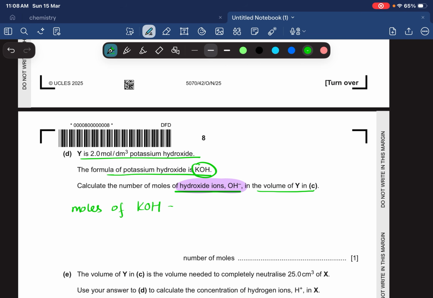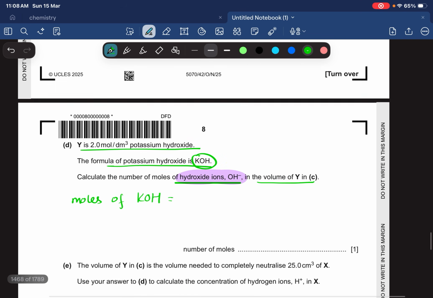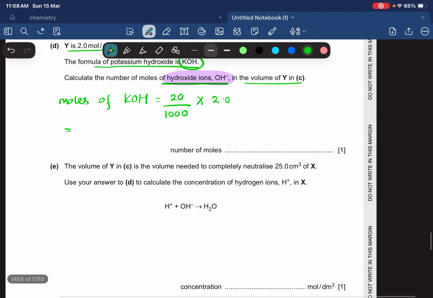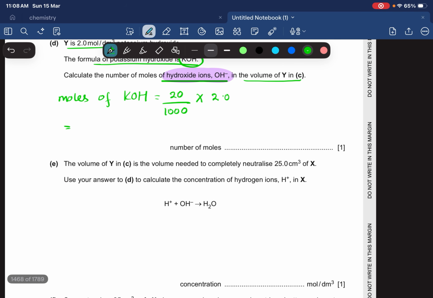You have the volume, that was 20 from the graph, but we have to take it in dm cube, so 20 divided by 1000 multiplied by the concentration, that's 2.0. So the moles of KOH come out to be 0.04 moles. Good. We have the moles of KOH.